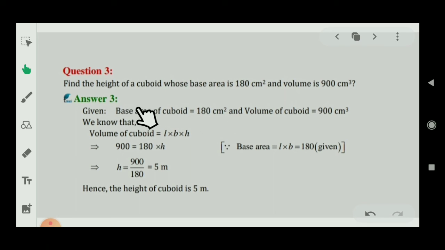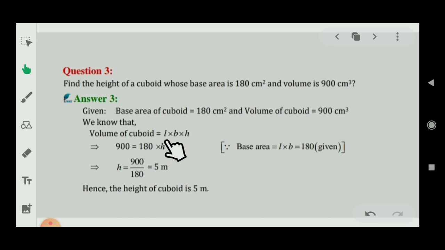In this question we have to find out the height of a cuboid whose base area is 180 centimeter square and volume is 900 centimeter cube. Let's see the solution of the given question. Base area is given and volume of cuboid is given in this question. As we know, the volume of cuboid formula is L into B into H. Students, as we know that L into B is the area of the base, and area of the base is given, that is 180.